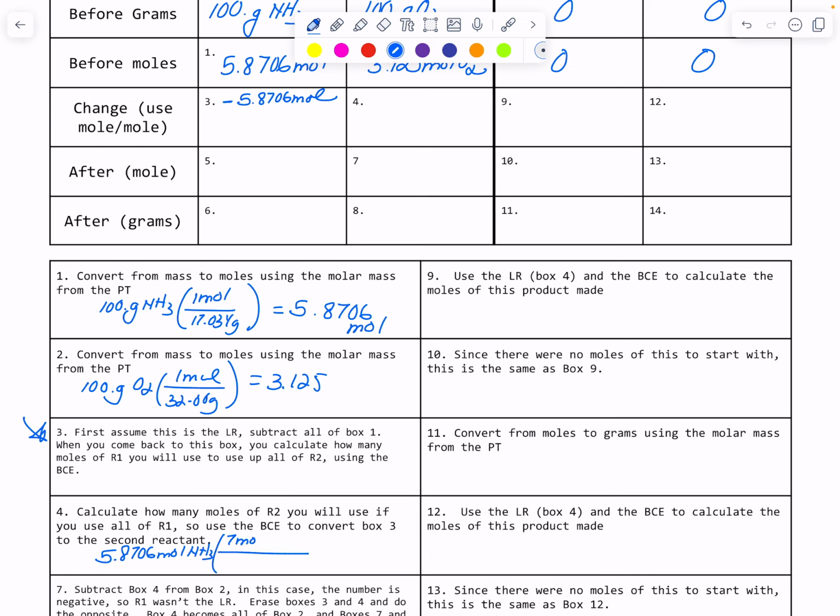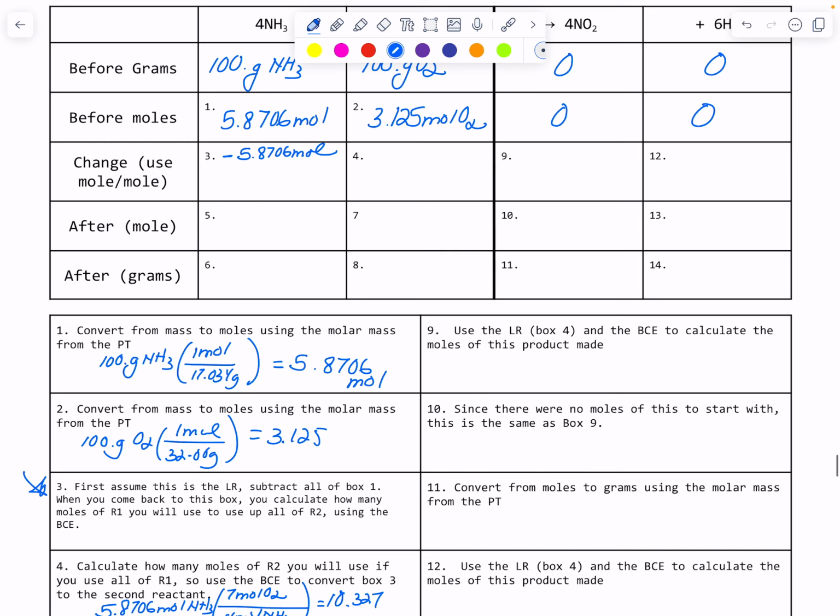I use those coefficients from the balanced chemical equation. And when I do that, I get kind of a big number. I get 10.327. So now if this was going to go down by 10.327, what kind of number would box 7 be?